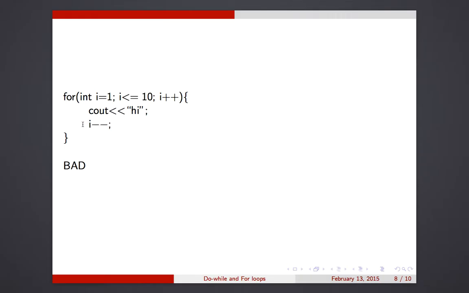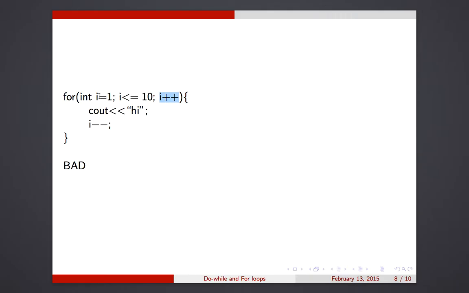Okay? This line of code, no matter what you write here, is considered bad form. You should not change the value of this i variable inside of the loop. It's very confusing. If you want to update i, you do it right there.